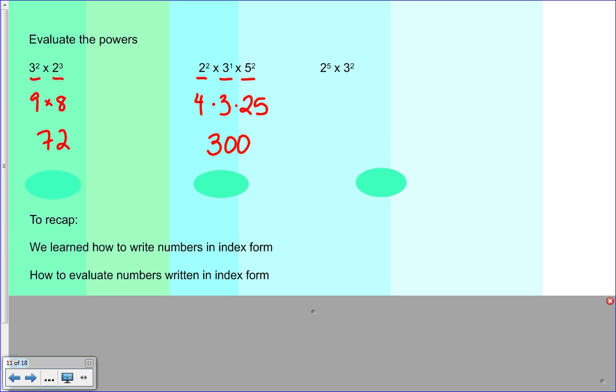Lastly, 2 to the power of 5 is 32. 32 times 9, and I'm not really sure what that is off the top of my head, so I'm going to multiply that together. 9 times 2 is 18, I'll carry the 1. And 9 times 3 plus 1 is 28, so we get 288.